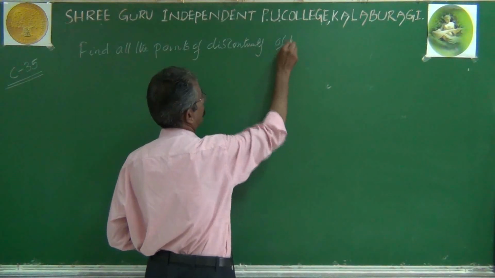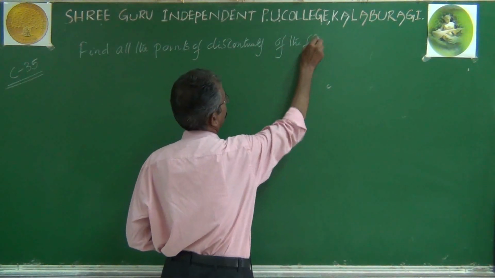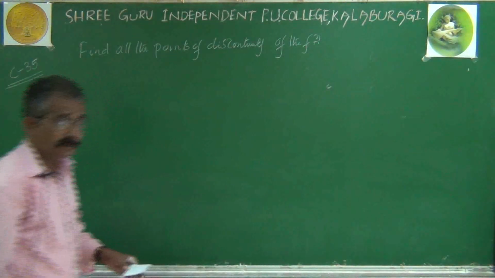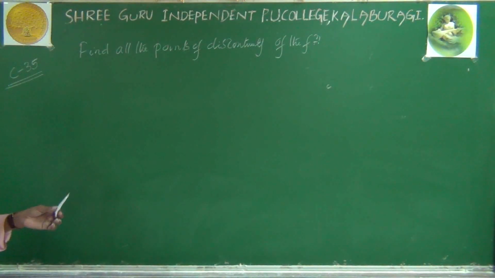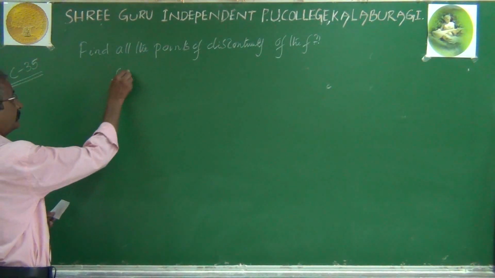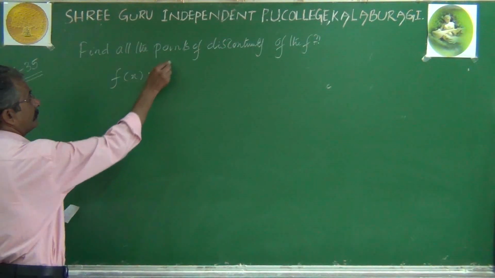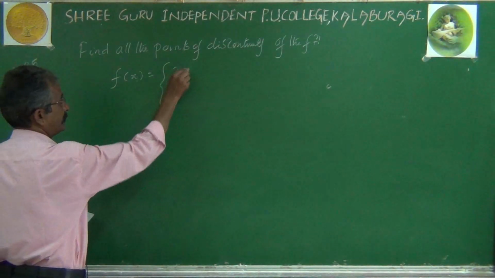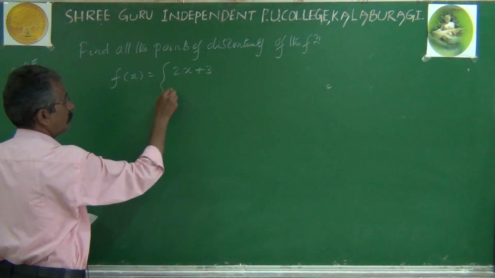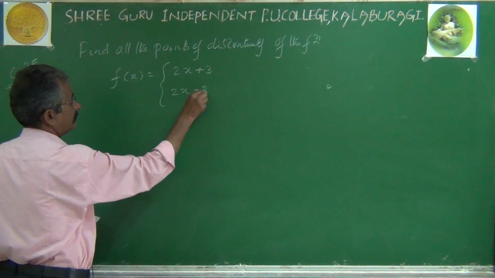Find all the points of discontinuity of the function f of x equals 2x plus 3, second value 2x minus 3.